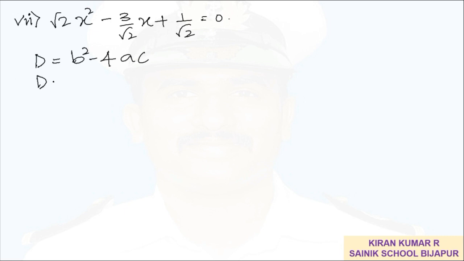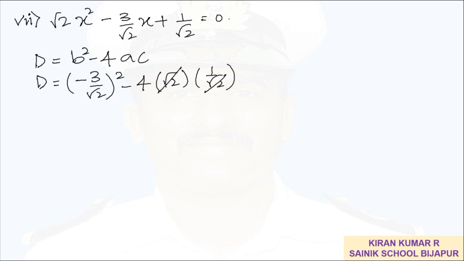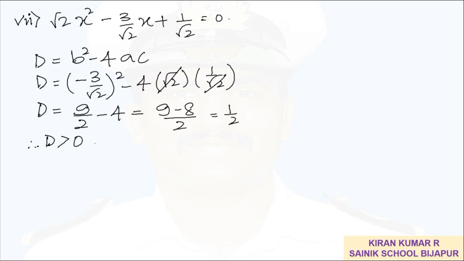We get d as negative 3 by root 2 whole square minus 4 times of root 2 times of 1 by root 2. We have root 2 getting cancelled. So the value of discriminant becomes 9 by 2 minus 4. Take LCM and find it out. We will be able to get 1 by 2. This 1 by 2 is a positive number, hence d value is greater than 0.